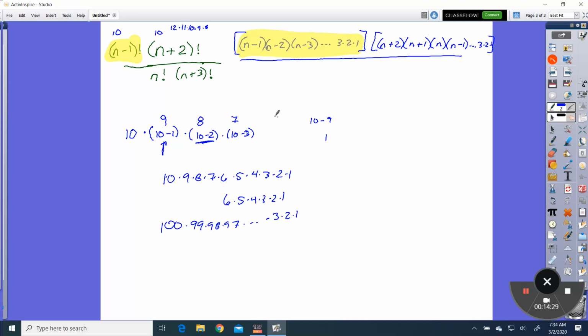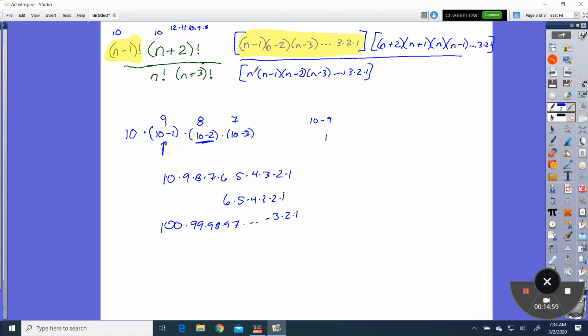So now on the bottom, we start with n as my first term. So the next one is, what's 1 less than n? And 1 less than that one is n minus 2. And they keep going on down.